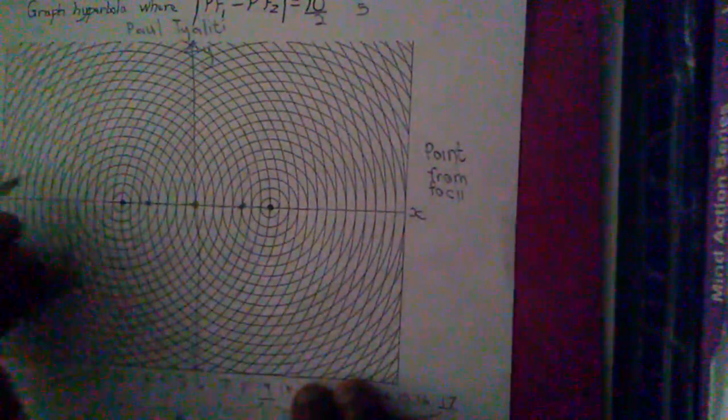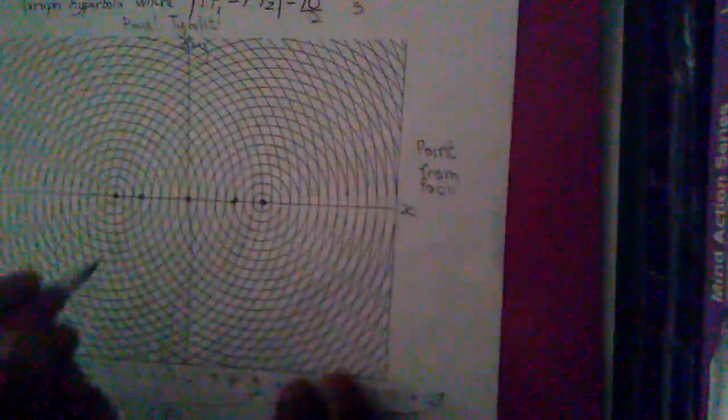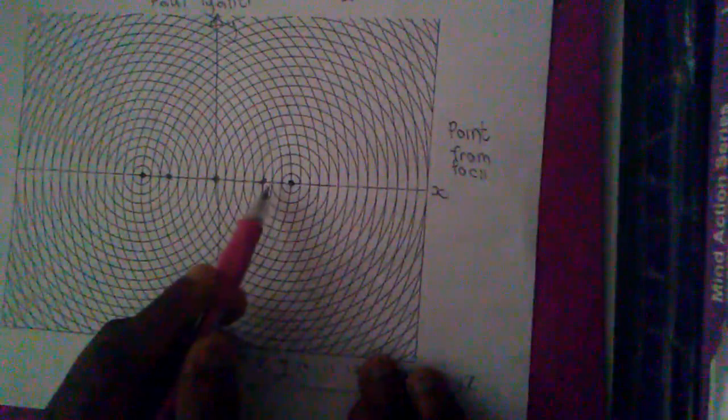From here we look for numbers that will meet this condition of PF1 minus PF2. So let us start off with why we used these numbers as our vertices.